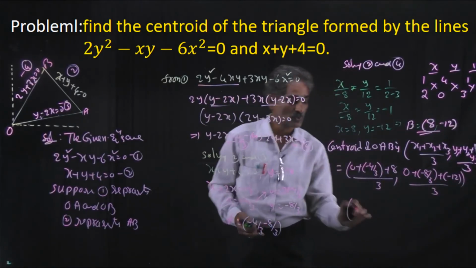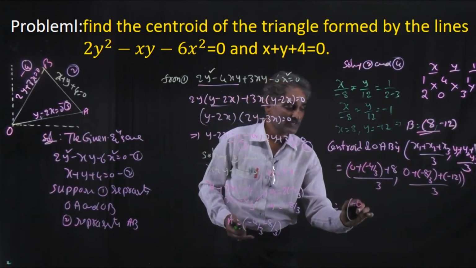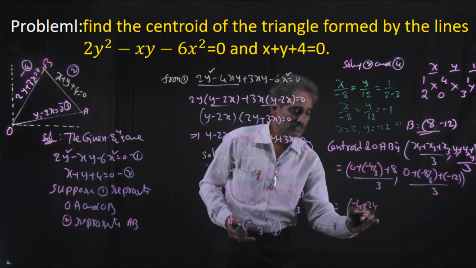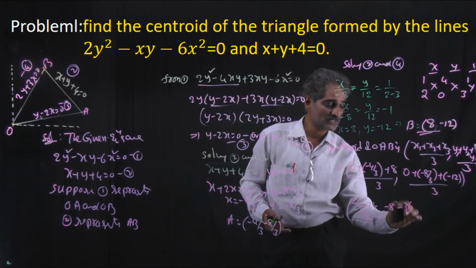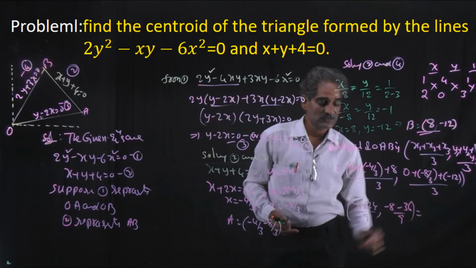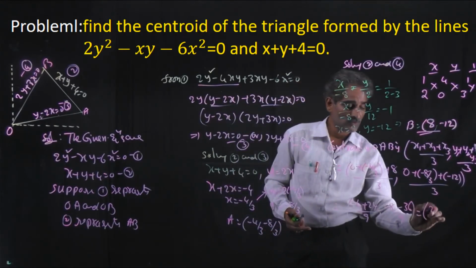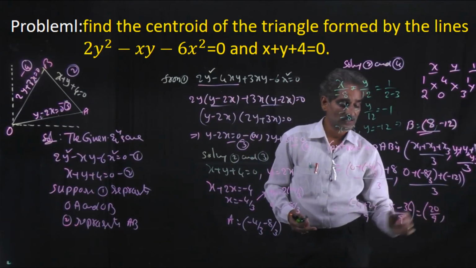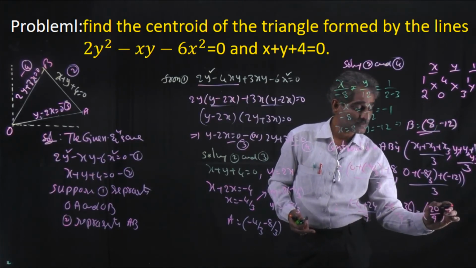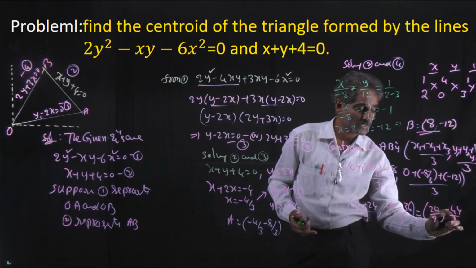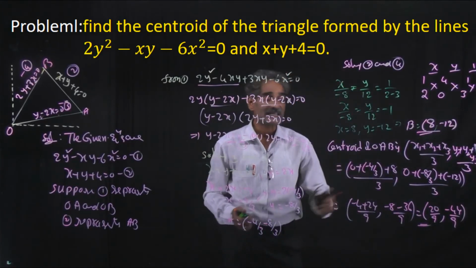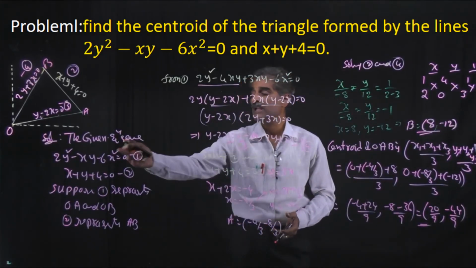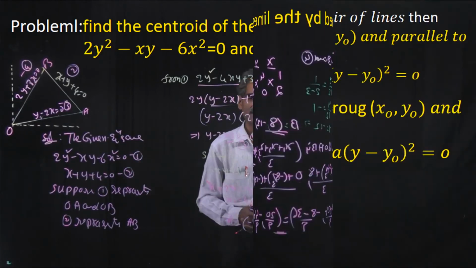This is equal to ((−4 + 24)/9, (−8 − 36)/9), which is (20/9, −44/9). These are the coordinates of the centroid of the triangle formed by the pair of lines and the line.